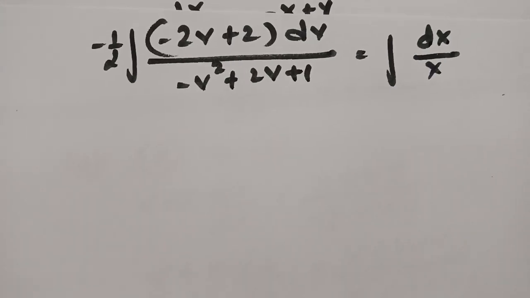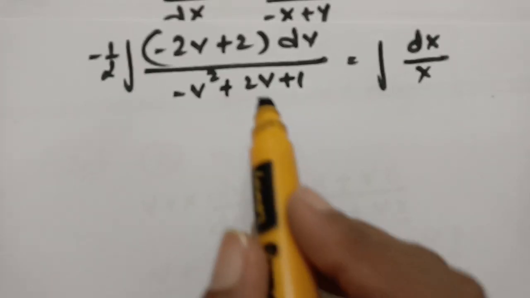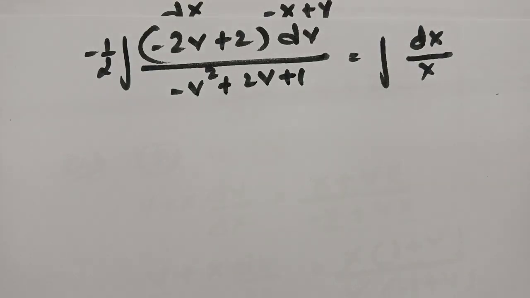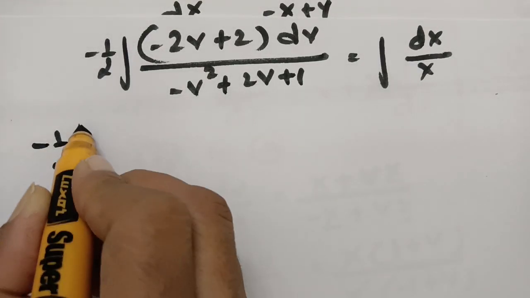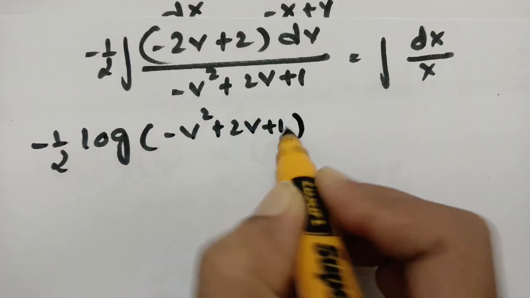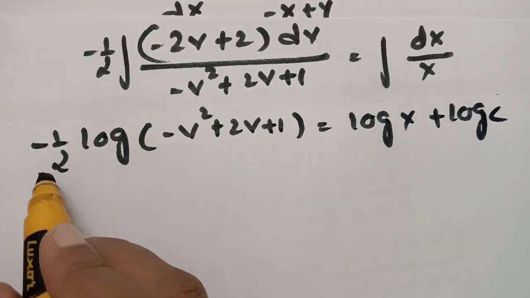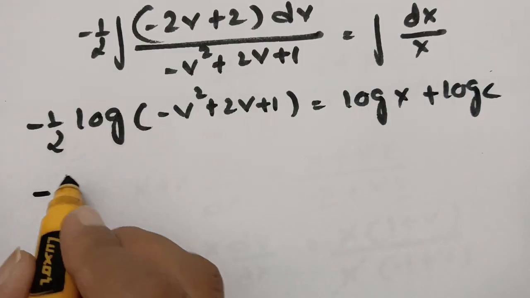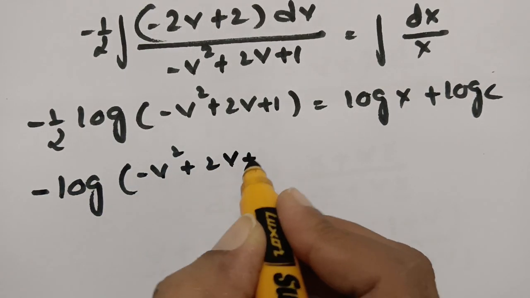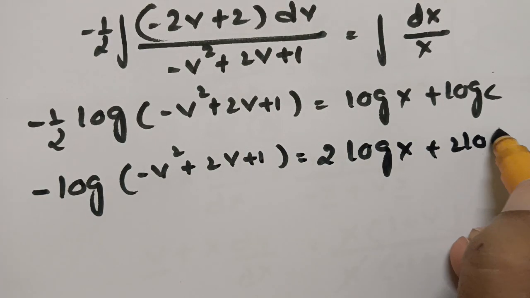And if you see, for minus v square, the derivative is minus 2v into dv, for 2v the value is 2 into dv, for 1 the value is 0. So this can be written as minus half times log of minus v square plus 2v plus 1 is equal to log x plus log c.